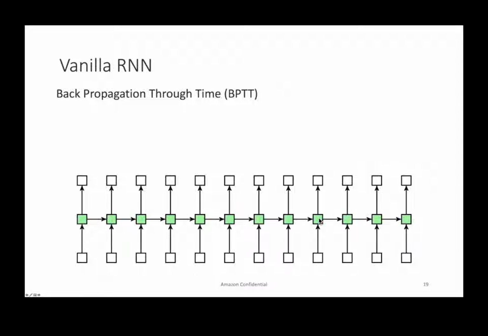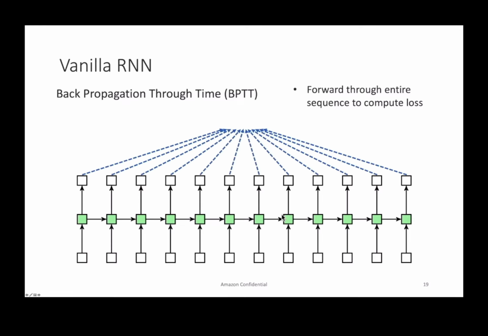Now, the way that this RNN's loss is calculated is also called backpropagation through time. So what we do is we forward through the entire sequence, and at the end of the sequence, we compute the loss.